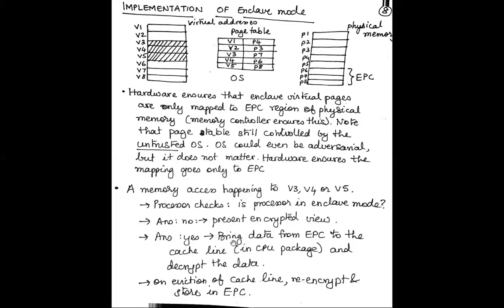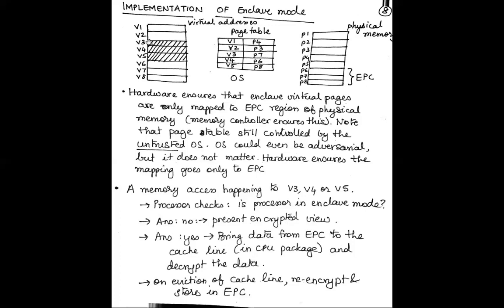So the processor brings data from the EPC to the cache line, which is sitting inside the CPU package, and it decrypts the data with the key that the hardware knows. Remember, the CPU is the hardware. The CPU is managing the keys, and it is bringing the data from the EPC to the cache line. Because the CPU knows the key, it can decrypt the data and therefore provide clear text access to the data stored in the enclave to the code that is also running within the enclave.